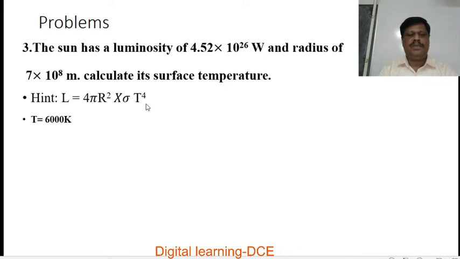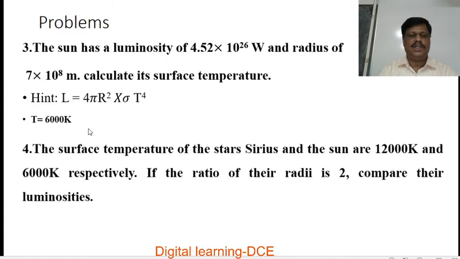Therefore, T to the power of 4 is equal to L by 4 pi r square sigma. Substituting the values of radius and luminosity, and the value of Stefan's constant, 5.67 into 10 power minus 8 watt per meter square per Kelvin to the power of 4, on solving for temperature, we will get 6000 Kelvin.